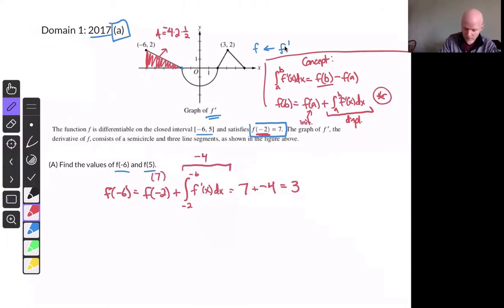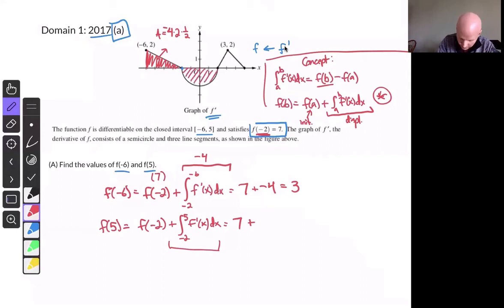In the same token, we can find f of 5 by setting up again the starting point, f of -2 plus the integral going from -2 to 5 of f prime of x, the initial position plus the displacement. So f of -2 is 7. And then the integral from -2 to 5 is this circular area right there.